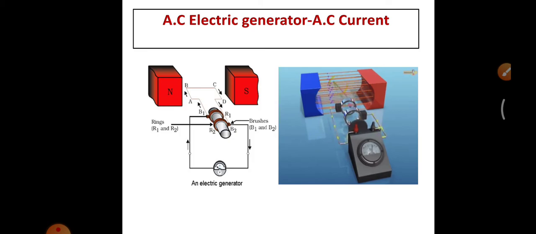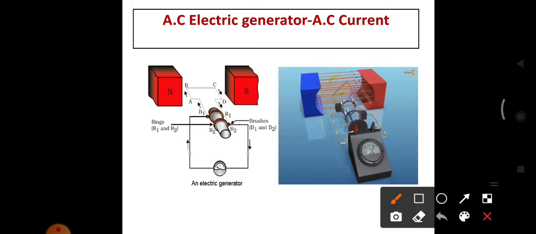This topic I already discussed in the last class, and this is the construction of the electric generator. It consists of a rotating rectangular coil ABCD placed between two poles of a permanent magnet.